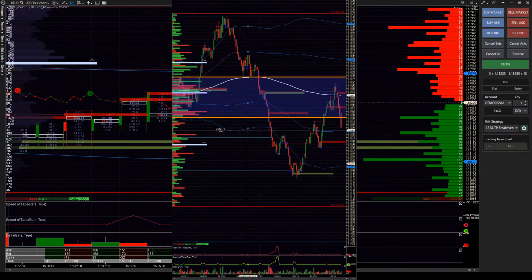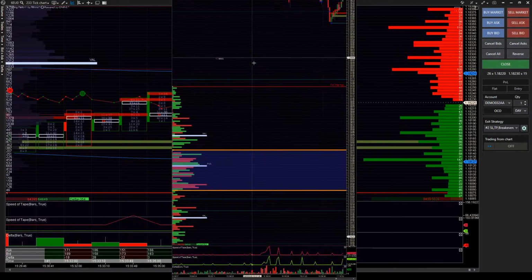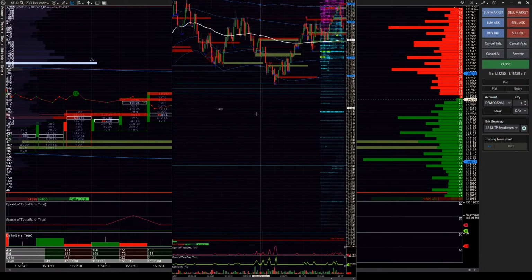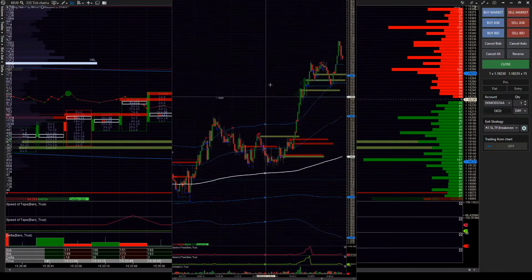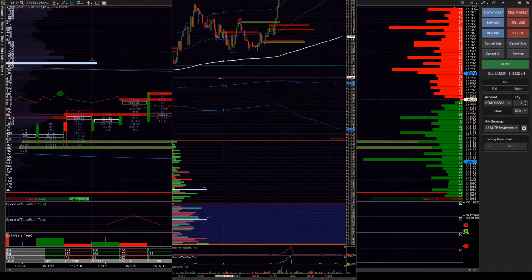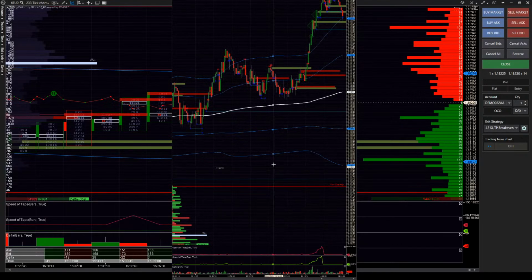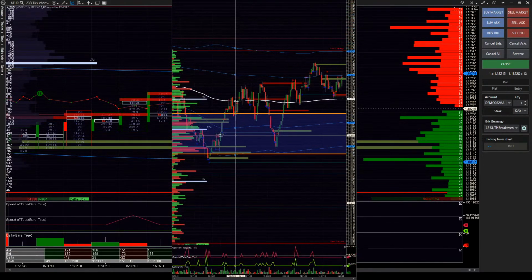That's fine. Further back, the previous day, there's nothing. Everything was traded higher. It's the current day high, so we are far away from today's range.